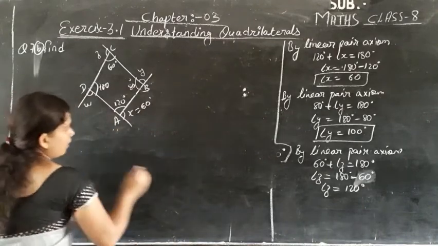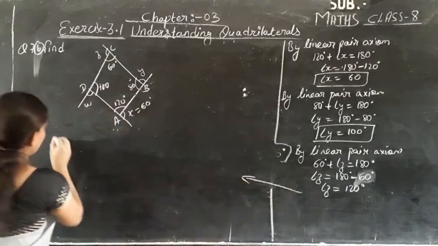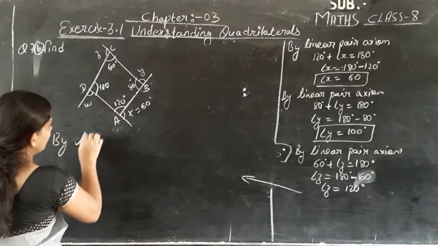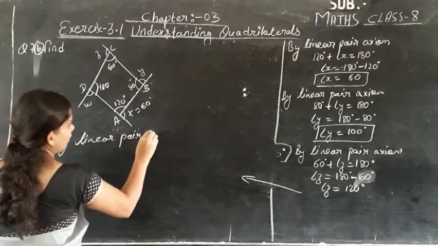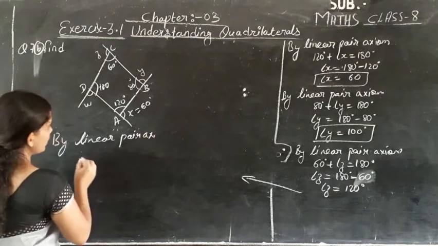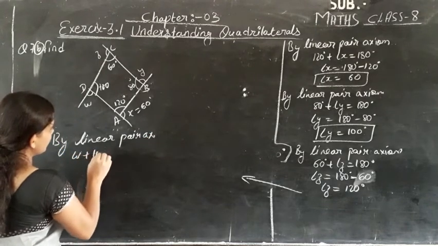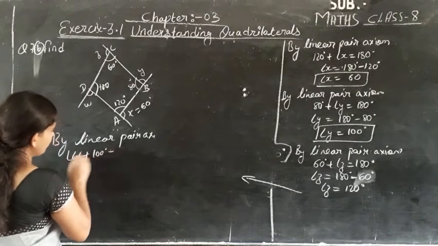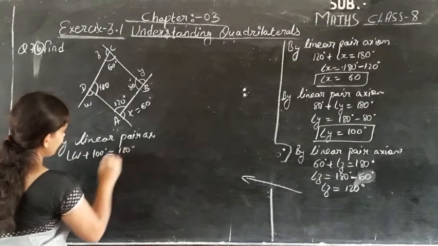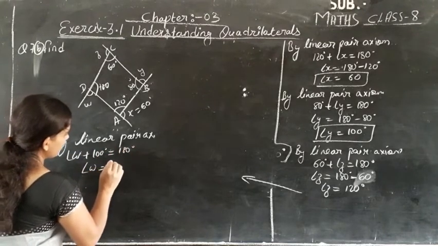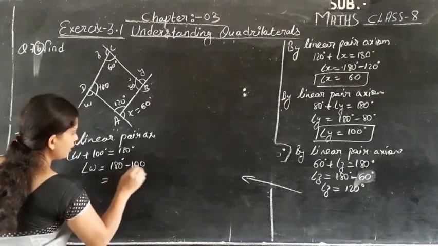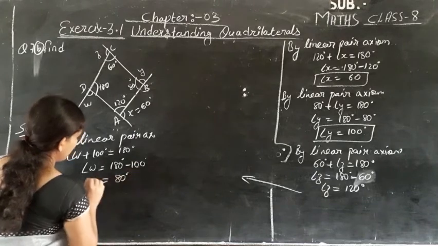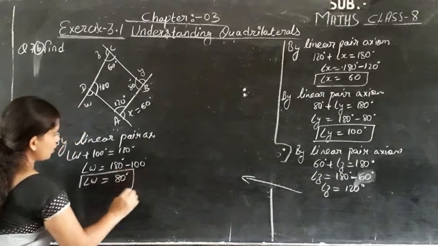By the linear pair axiom, w plus 100 is equal to 180 degree. So w is equal to 180 degree minus 100. So 180 degree minus 100, that will be how much? 80 degree.